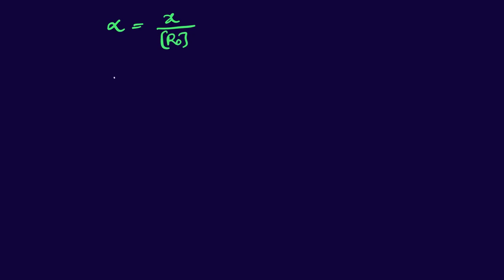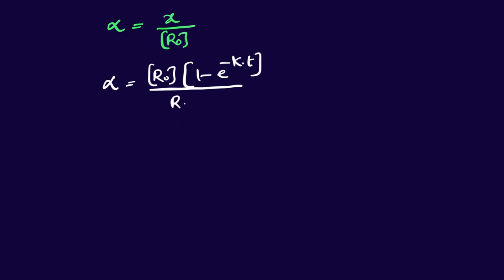Alpha is equal to x, the formula we just derived, that is R naught concentration into 1 minus e power minus k into t, divided by R naught concentration.